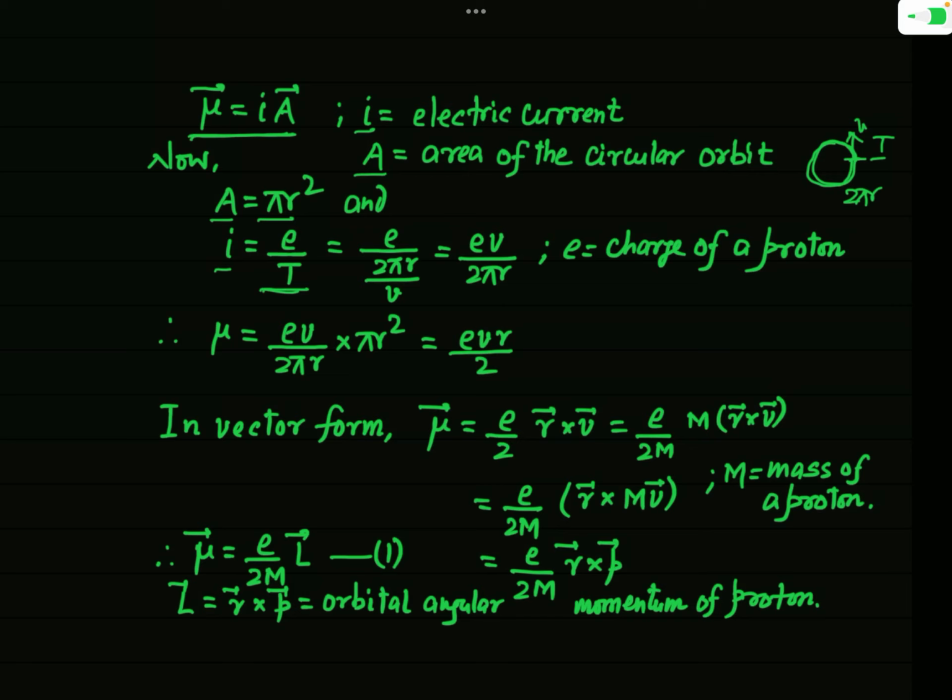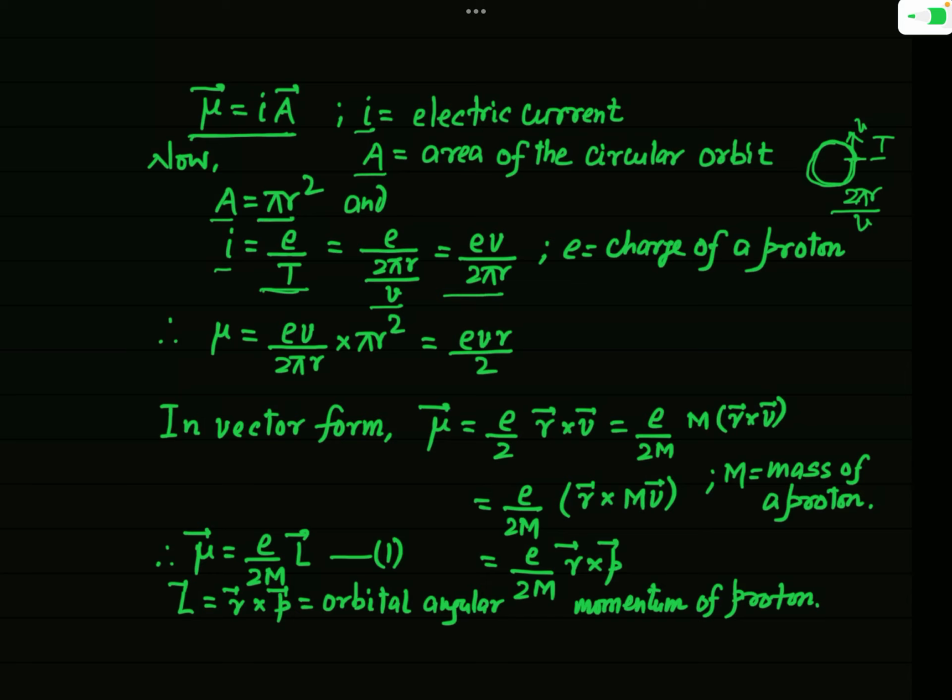So when you divide this distance 2 pi r by v, you will get the time taken by the proton in one revolution. So T can be written as 2 pi r over v. I hope you are getting the things. And so this will be simply e v divided by 2 pi r. So electric current is e v by 2 pi r and area is pi r squared.